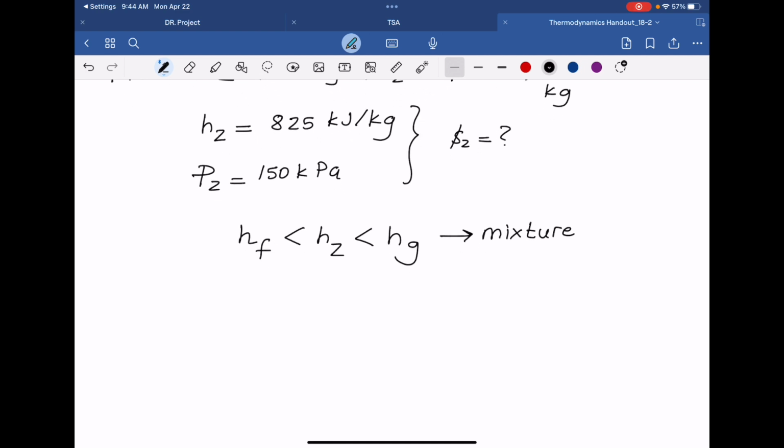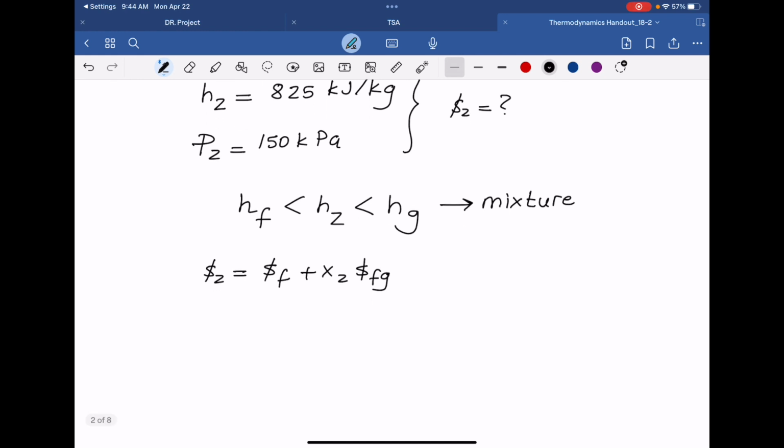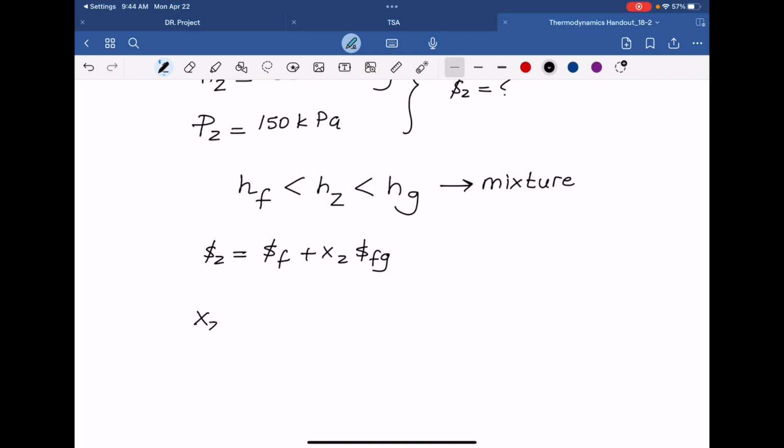Okay, and what happens if we have a mixture? If I want to figure out the specific entropy at the second state, I need to use quality in order to calculate it. But I don't know the quality. Quality can only be calculated from a known specific property, and the only specific property I know in the second state is enthalpy, right? I can use that to calculate the quality.